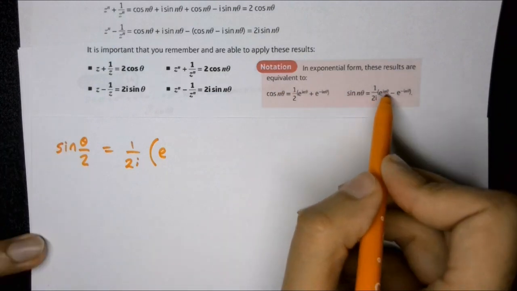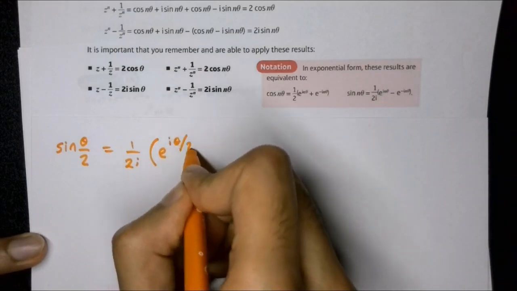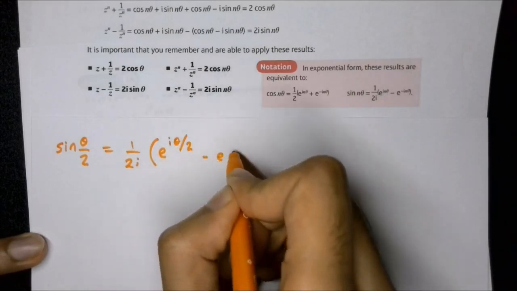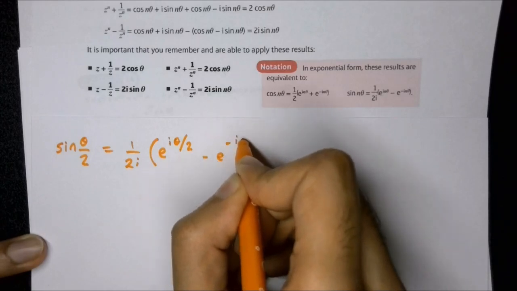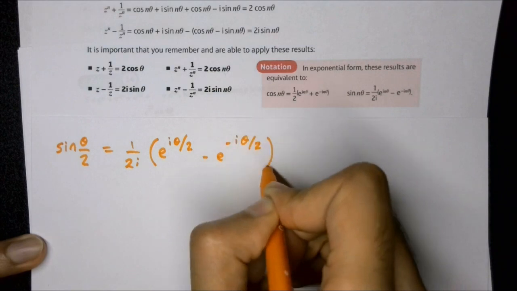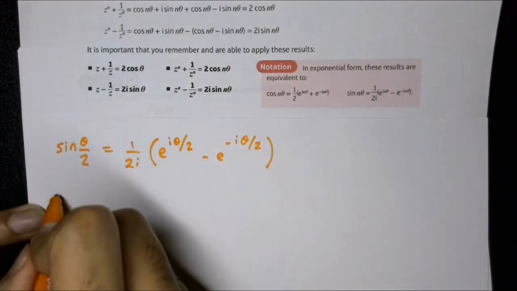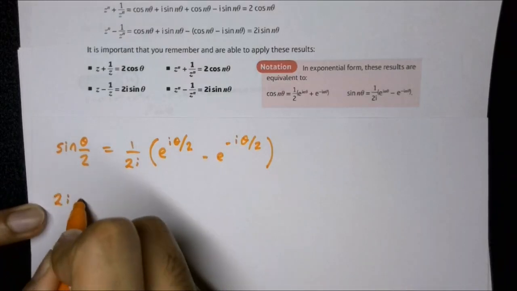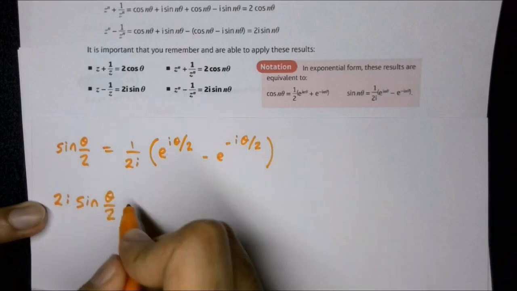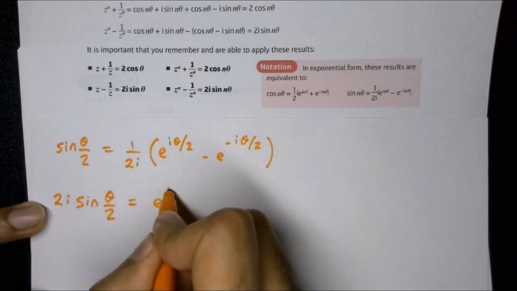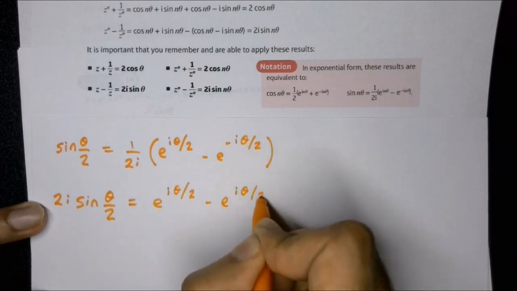We're replacing n theta with theta over 2. So here we have i theta over 2 minus e to the minus i theta over 2. Okay, be a bit careful. And then if we multiply through by 2i, we have 2i sine of theta over 2. This is equal to e to the i theta over 2 minus e to the minus i theta over 2.